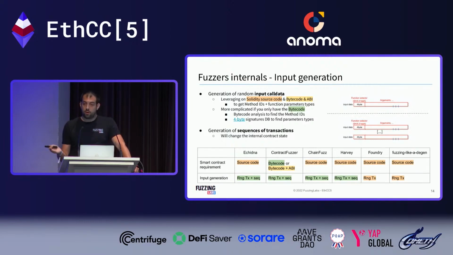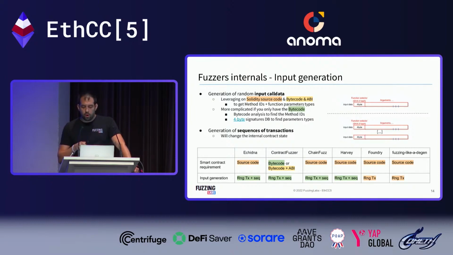Regarding our competitors, we can see that for most of them the requirement is actually to have the source code in order to determine the method ID and so on. That's the simplest way. Only one of them was using only the bytecode. It was contract fuzzer. And what is a bit more interesting is the input generation.